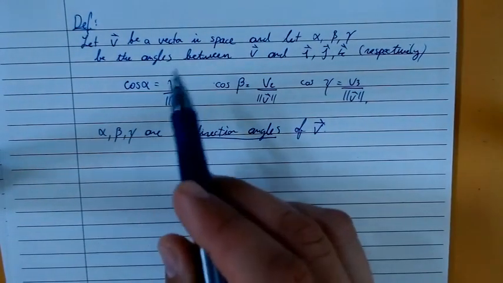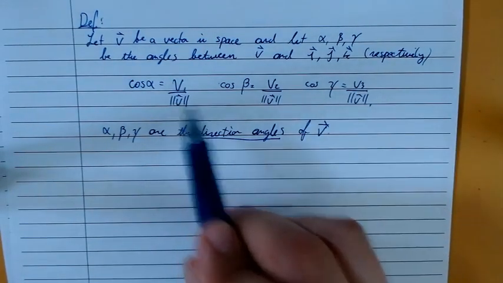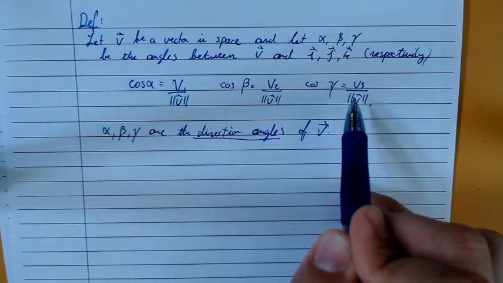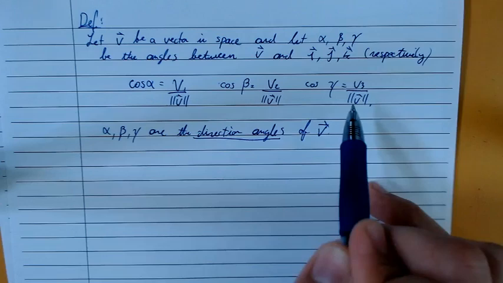One thing to note, these look familiar? These are the components of the unit vector in the direction of v.